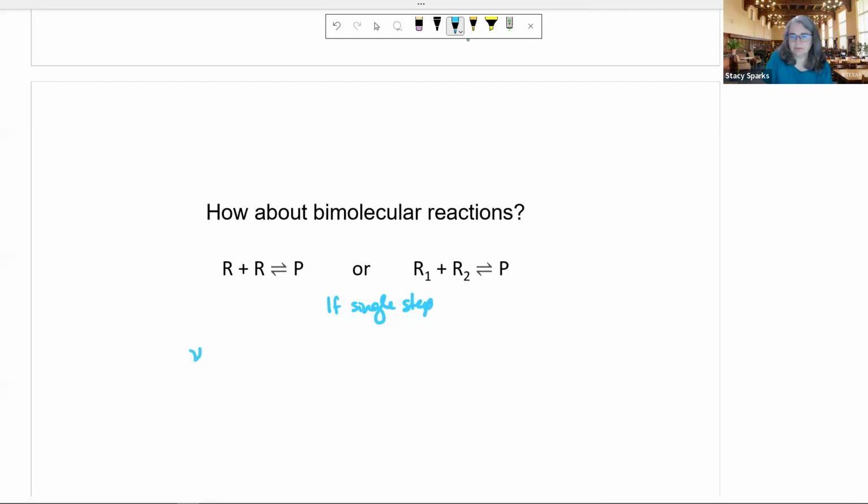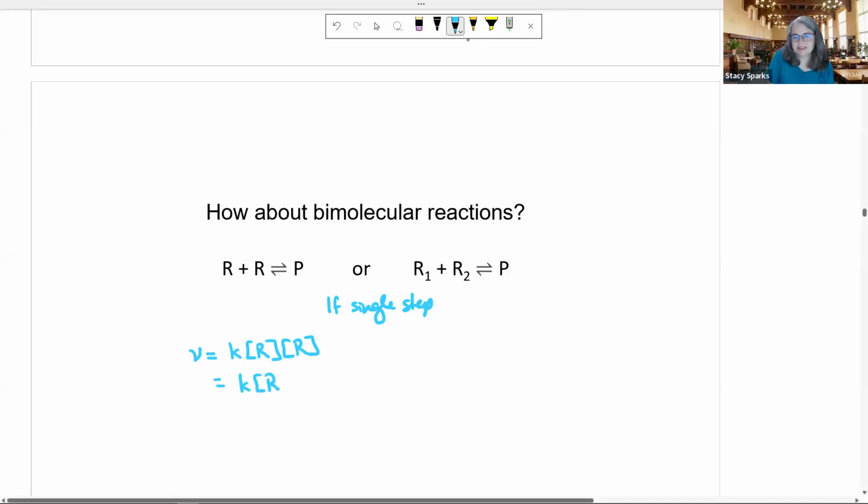So remember, rate can also be called velocity. It'd have some proportionality constant, and in this case, it'd be R times R, or better yet, k[R]². It would be second order in R. Over here on the right, we'd have some different proportionality constant.